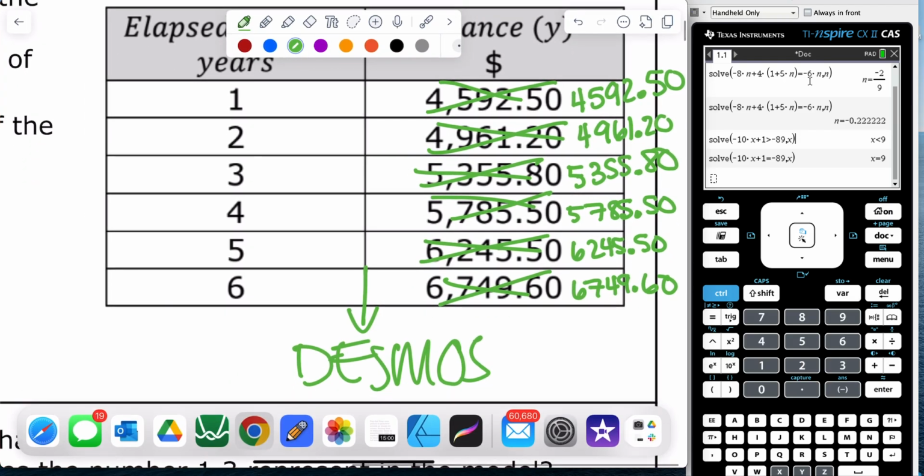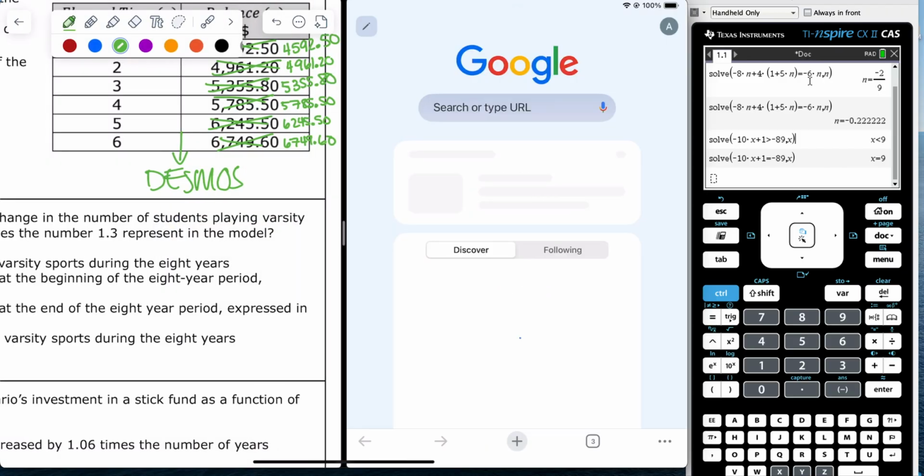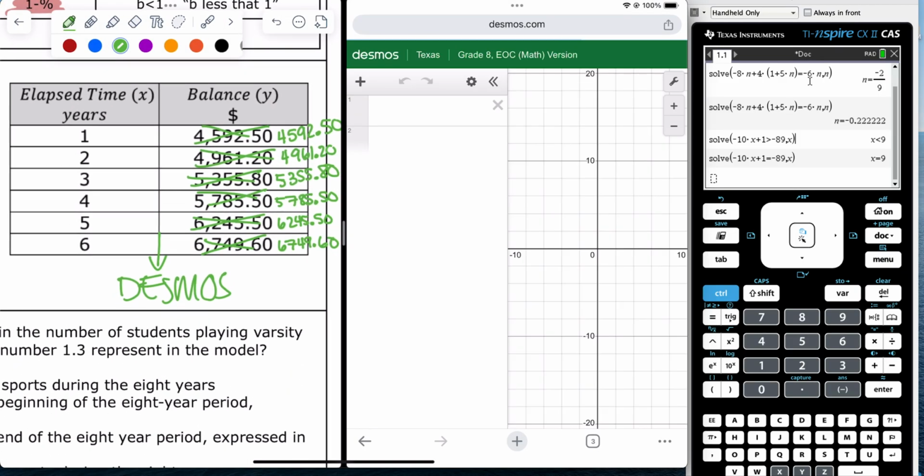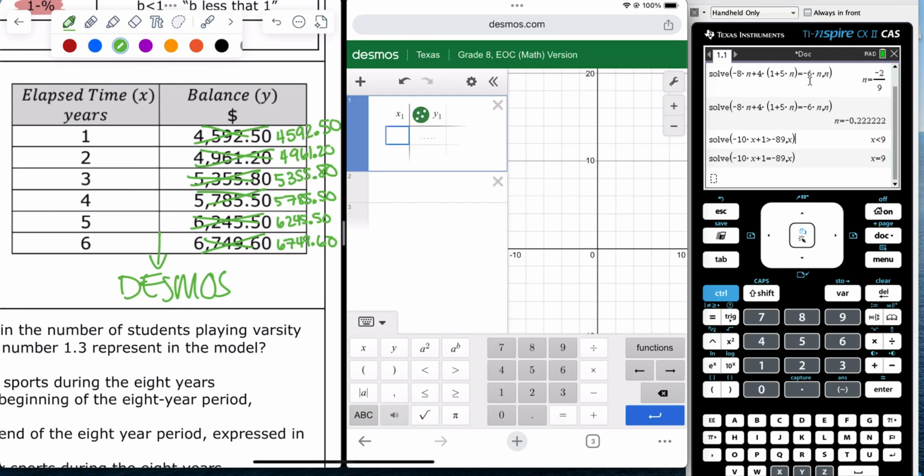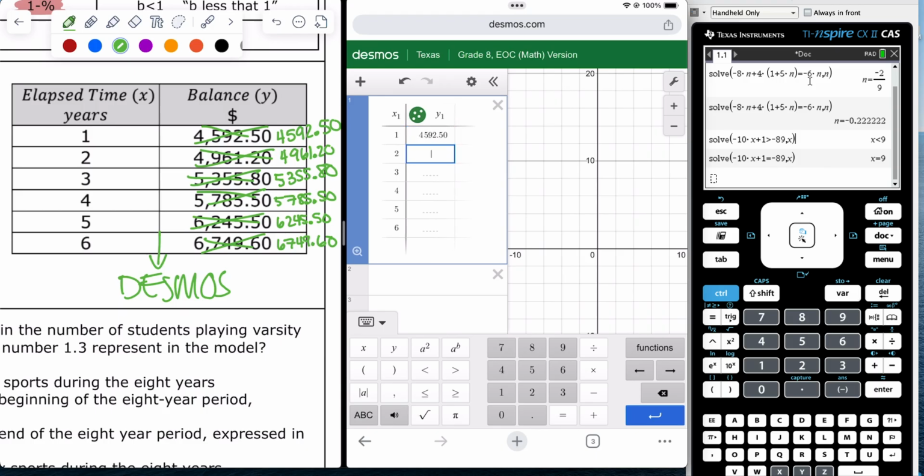So we are going to go to Desmos, and we are going to input my table, plus table. We have 1, 2, 3, 4, 5, 6 for my x values. And then for my y values, I have 4,592.50. Then I have 4,961.20.